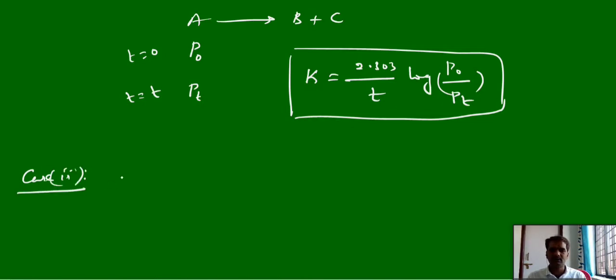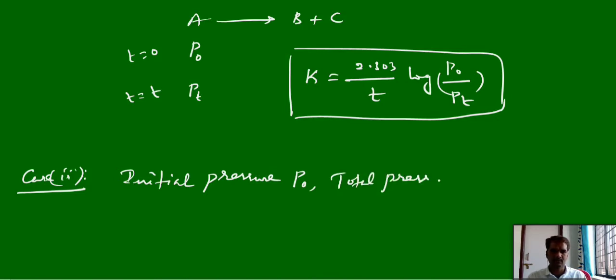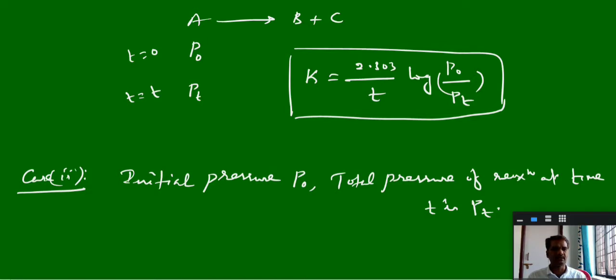In case 2, they give it like this: the initial pressure is P naught and the total pressure of the reaction at a time t is Pt. Then we have to identify the integrated rate equation.